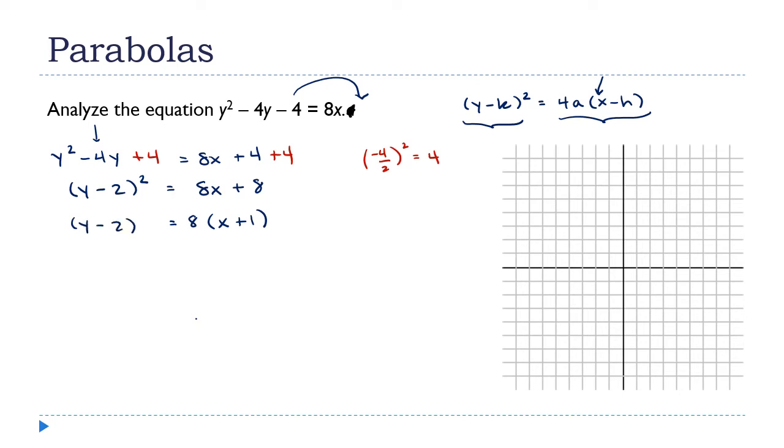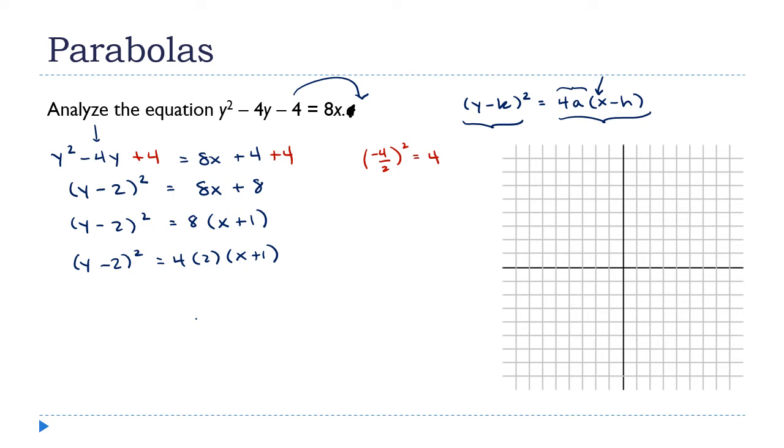All right, so now I'm where I need to be. y minus 2 squared equals this. And remember, we need this constant out here to be 4 times something. And 4 conveniently goes into 8. This is y minus 2 squared equals 4 times 2 times x plus 1. Okay. Now, you can try to pull the bits of the focus and all that out of here if you like.